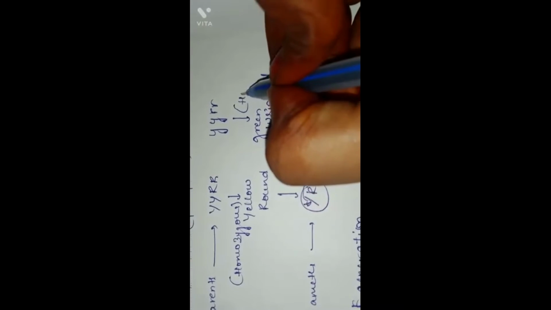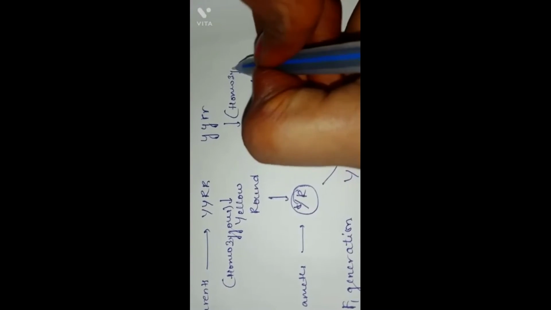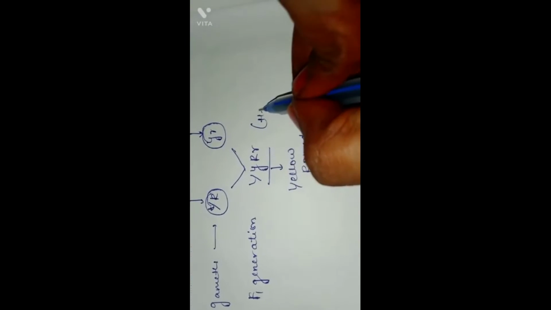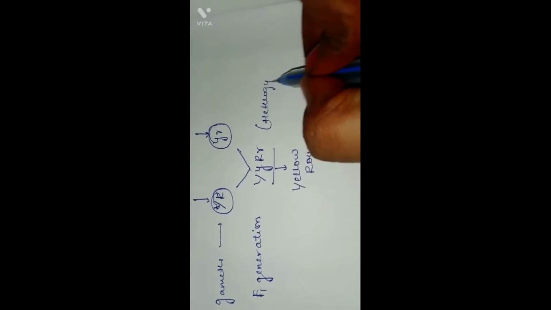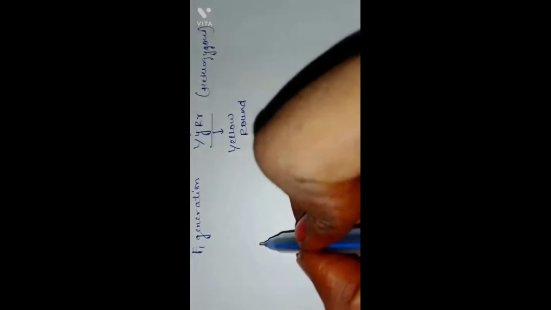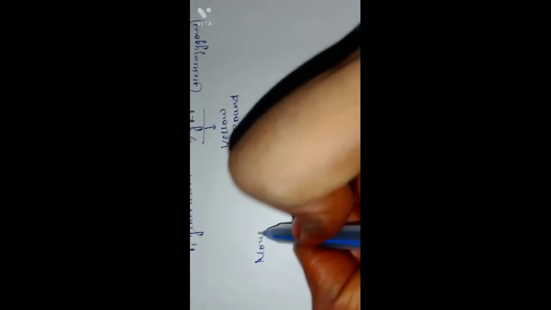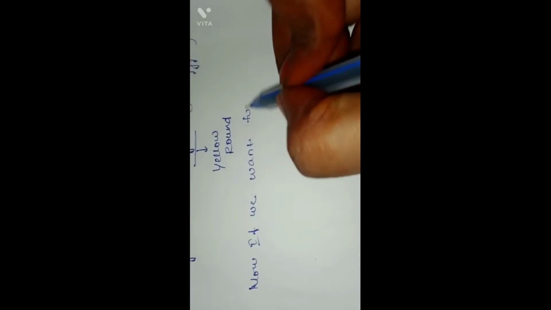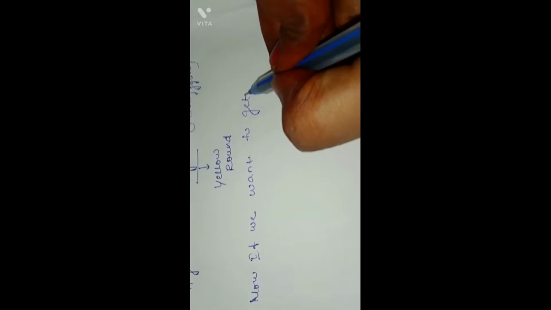So yellow and round are considered dominant traits, and green and wrinkled are considered recessive traits. All the plants grown in the F1 generation will get the genotype capital Y, small y, capital R, small r only, and the phenotype yellow and round. These are the color and the shape of the seeds.